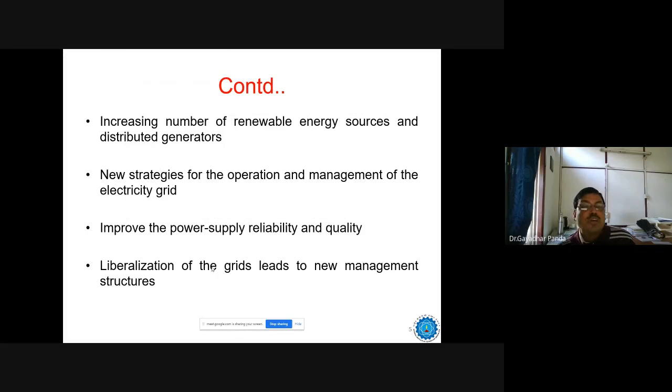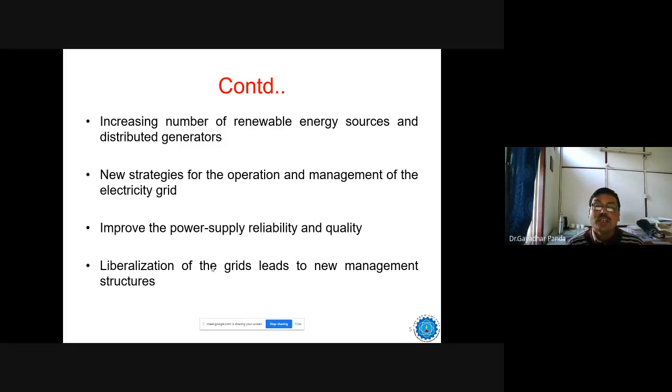Similarly, as we told you, when we are penetrating the highest amount of renewable energy sources to the existing grid, definitely there will be so many issues that will arise, like stability issues, power quality issues, and depending on that, power management also, it is also one of the major aspects. Means how to optimally you can manage the power allocation.